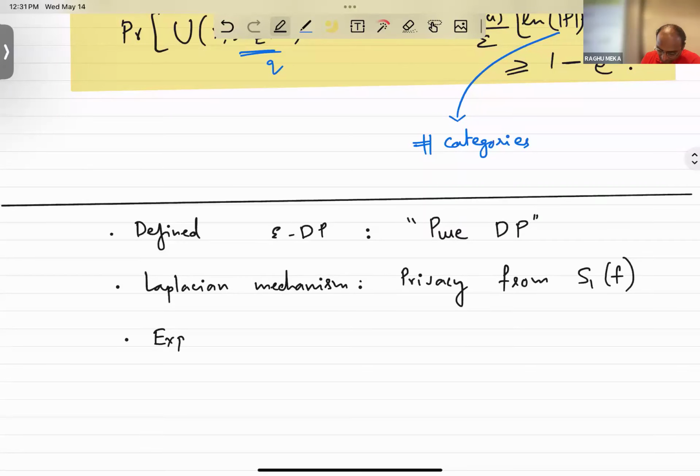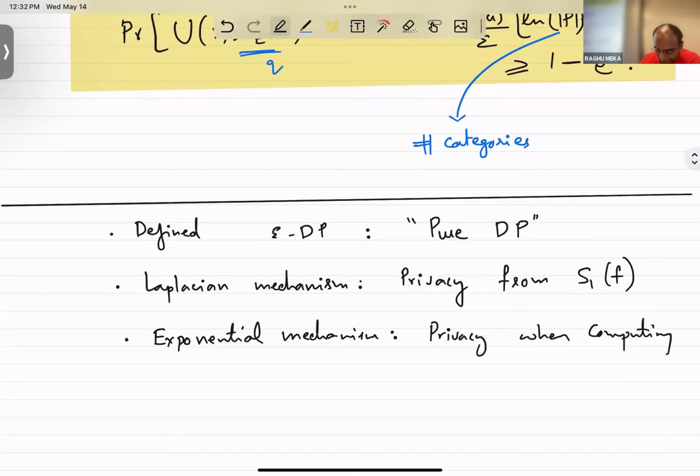And then we saw the exponential mechanism, which gives you privacy when computing argmax. If you want to maximize something in a private way, you can use softmax via the exponential mechanism.